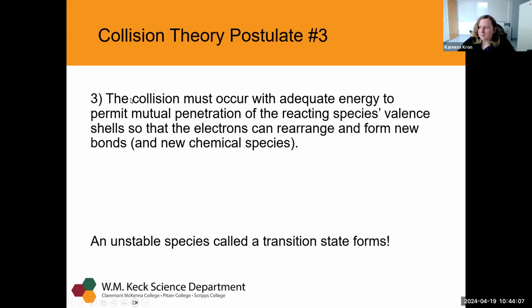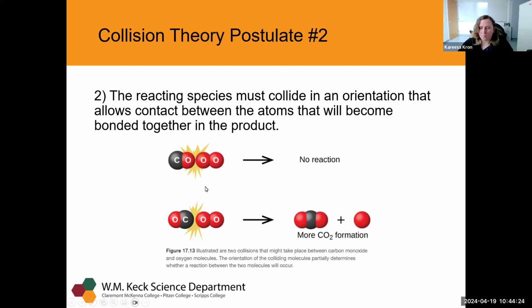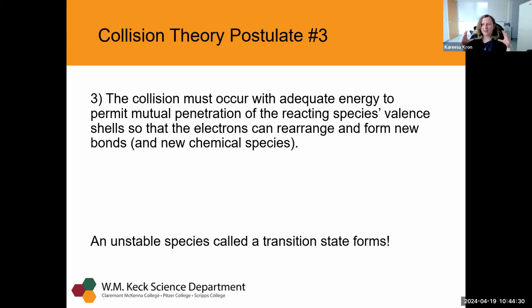And the third postulate is that the collision has to occur with adequate energy so that they actually interact electronically and the electrons can rearrange and form the new bonds in the product. So in this example, where you have carbon monoxide running into oxygen gas, they have to hit each other with enough energy that the carbon and the oxygens interact to the point where they can form the product.